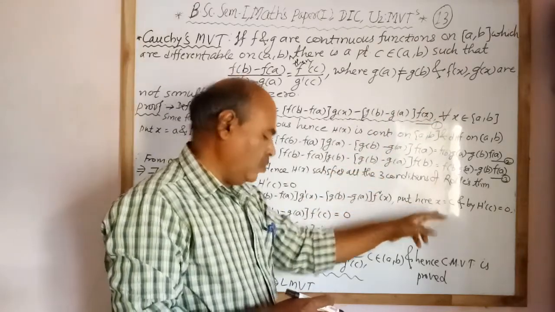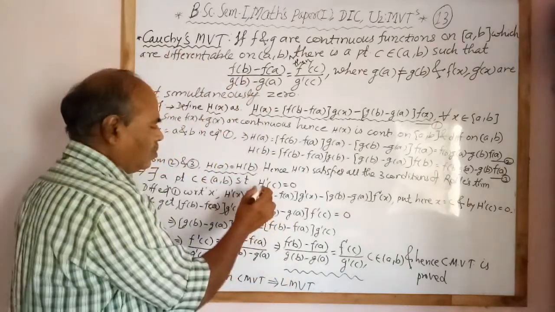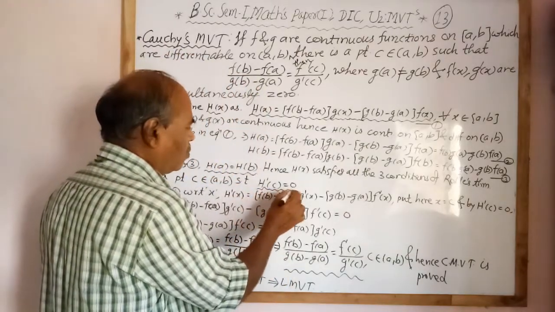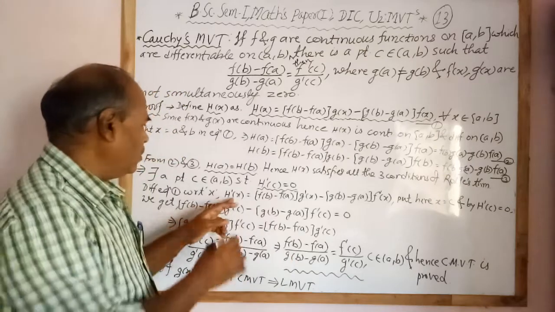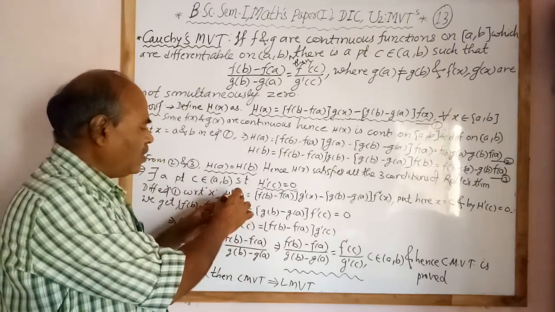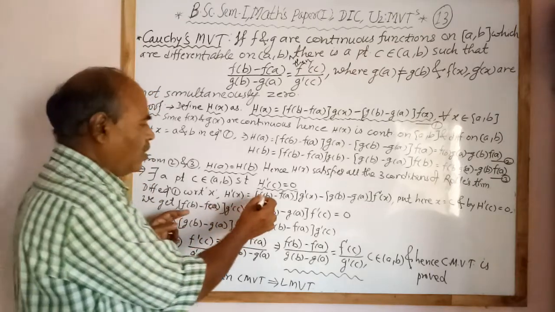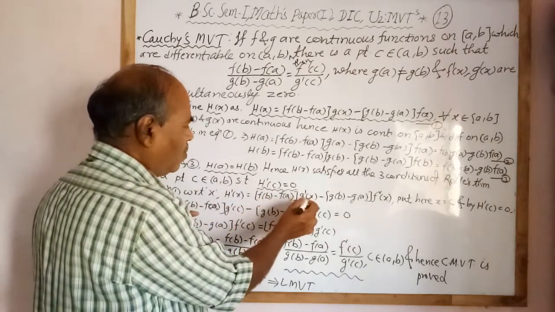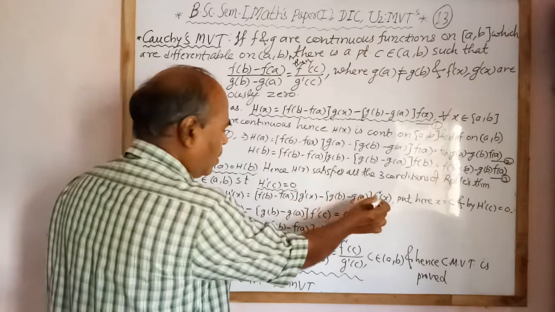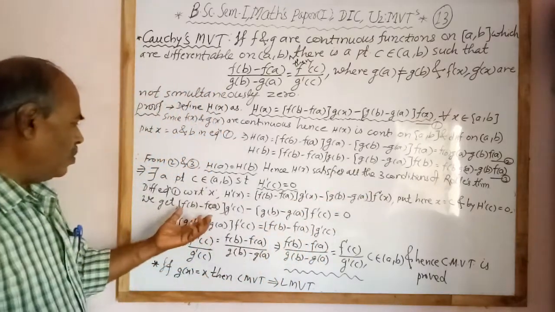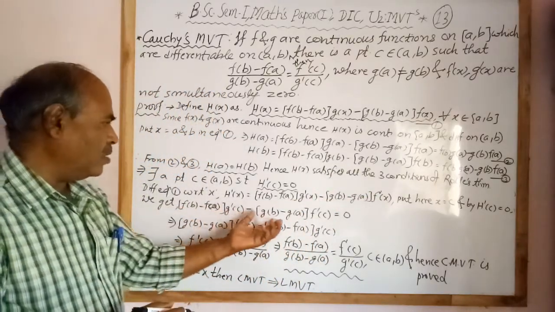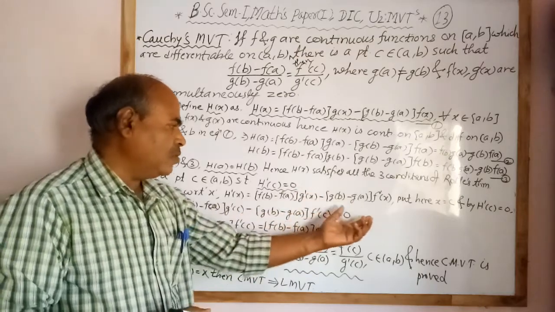Put here x equal to c. Now we have h dash of c equal to 0, therefore we put x equal to c, so we get g dash of c and f dash of c. Therefore the first bracket into g dash of c minus the second bracket into f dash of c equal to 0.